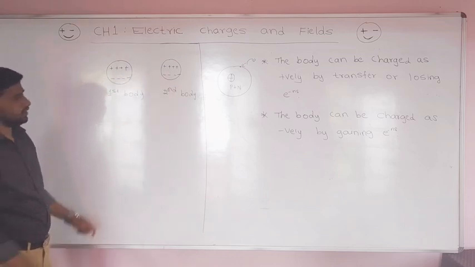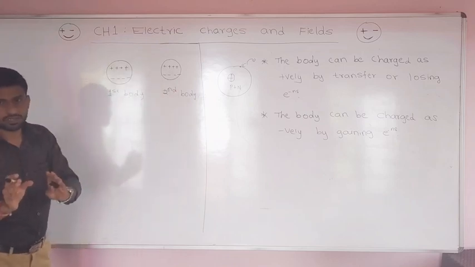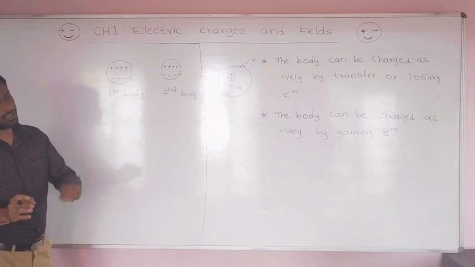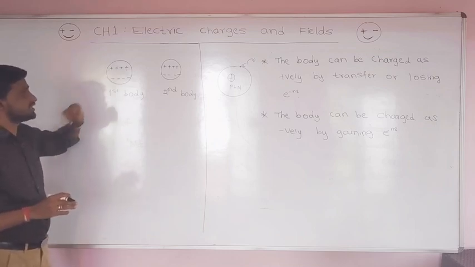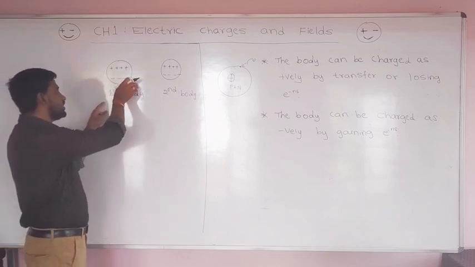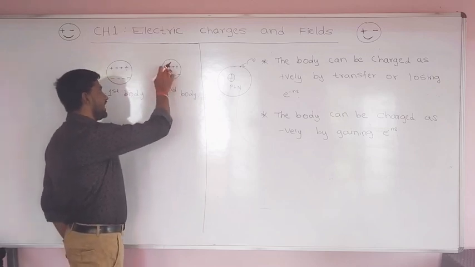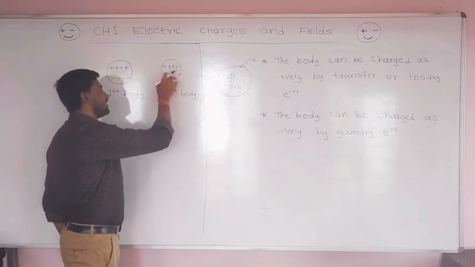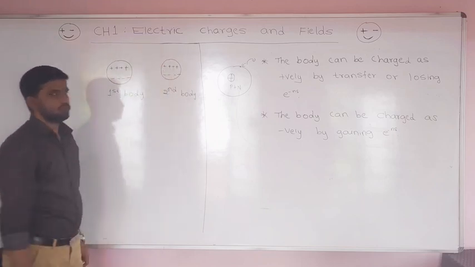If you observe, both bodies have charges, but neither is a charged body. Why? Because the total number of positive charges is equal to the total number of negative charges, so the net charge on the body is equal to 0. In the second body also, there are 4 positive charges and 4 negative charges, so the net charge on this body is also equal to 0.